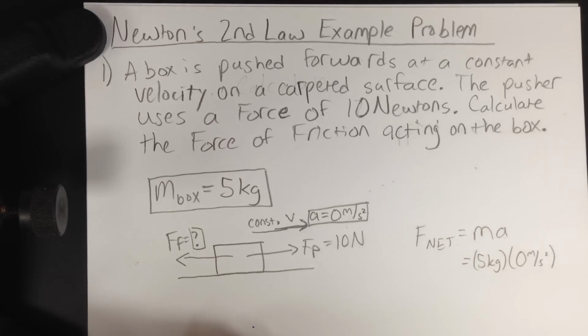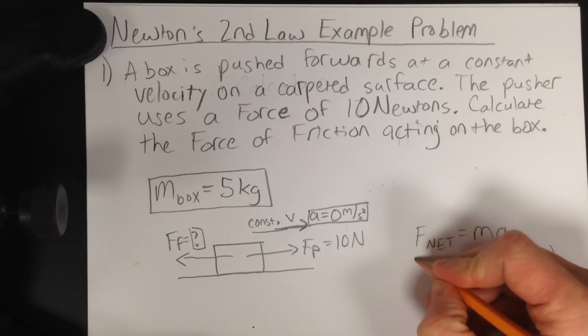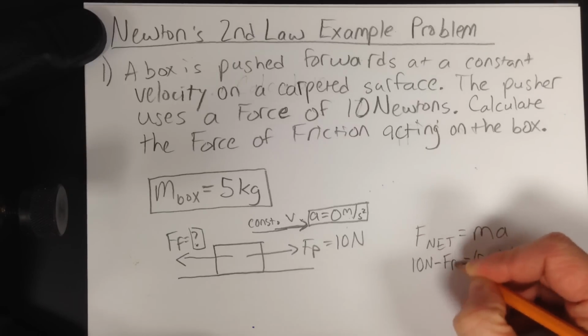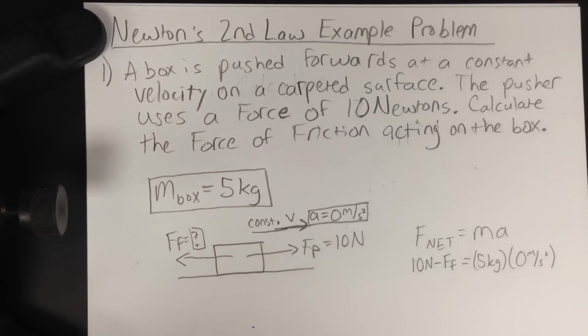And instead of writing F net, I'm going to write a statement for F net every time. Alright, so I don't know what the net force is, 10 minus question mark. I really don't know. I can't get an F net. But what I could do is say that the F net equals 10 newtons minus our missing force, the force of friction.